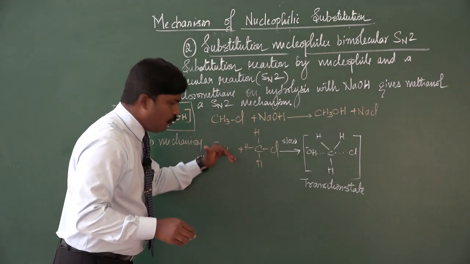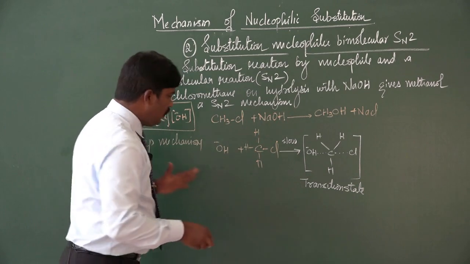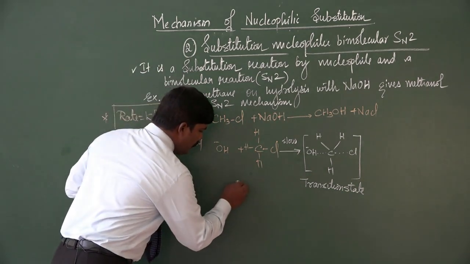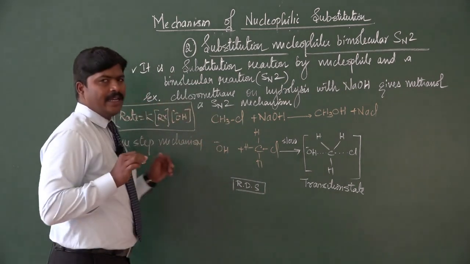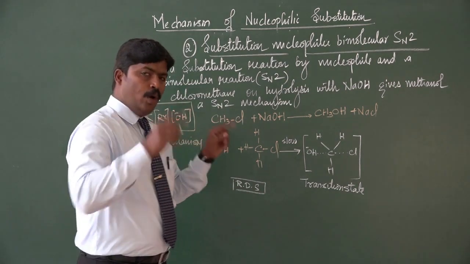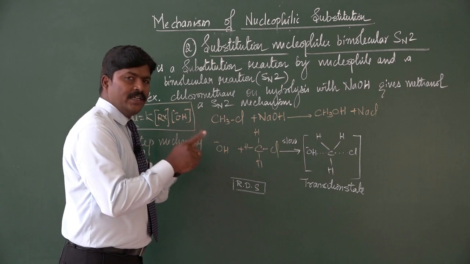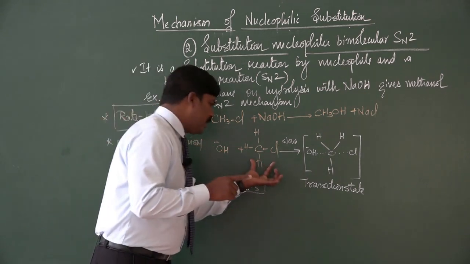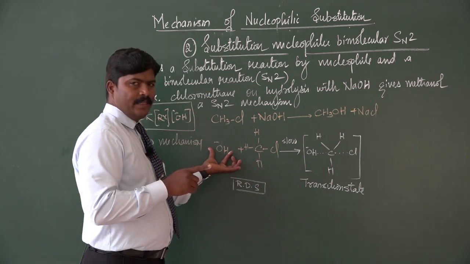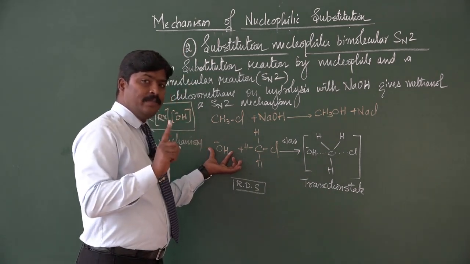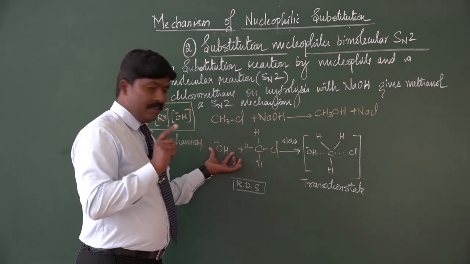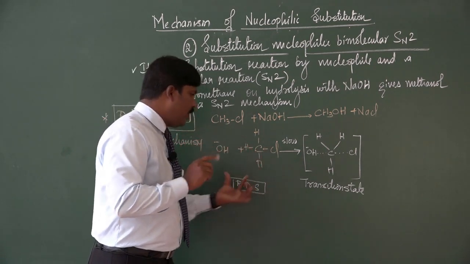This step is slow compared to the next step. Now, this step is going to be the RDS. What is RDS, sir? RDS is called the rate determining step. So both of them are involved in deciding the rate of reaction, the haloalkane as well as the nucleophile in SN2, but in SN1 only the haloalkane, not the nucleophile. But here both are involved, in the slow step called RDS.